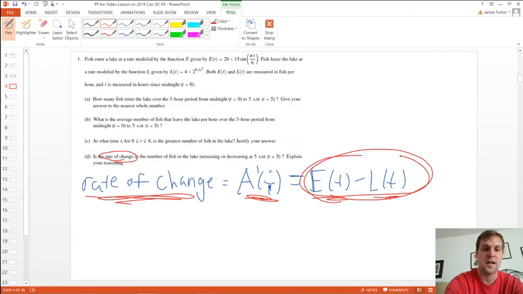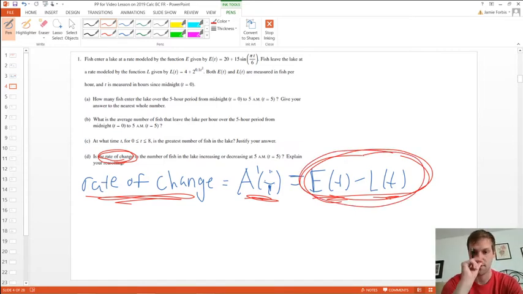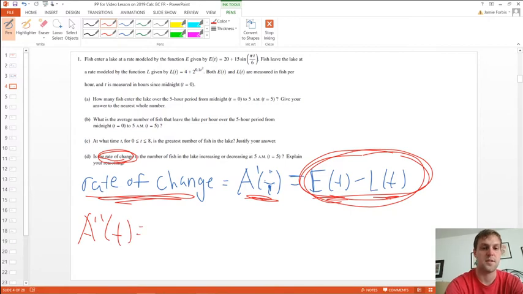So we need to look at the derivative of this at time equals 5 and see if it's positive or negative. The derivative of that is equal to E prime of t minus L prime of t.